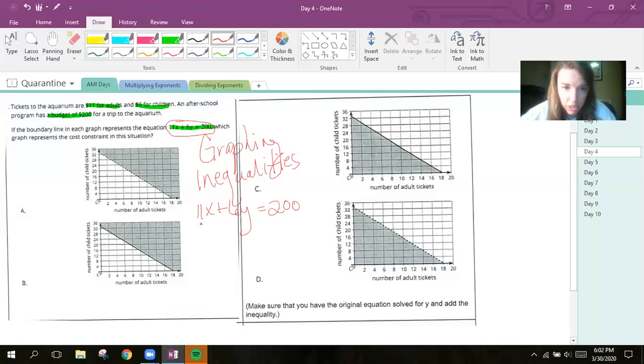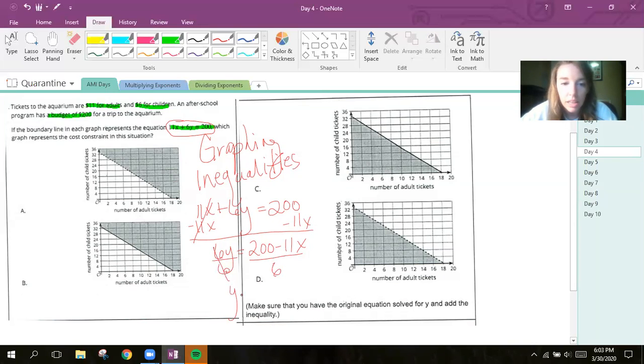Okay, so the first thing I'm going to do is subtract the 11x. 11x minus 11x, they cancel each other out. So then I'm left with 6y equals 200 minus 11x, because those are two different terms, we cannot combine them together. All right, so then we're going to divide all of this by 6. Those cancel.